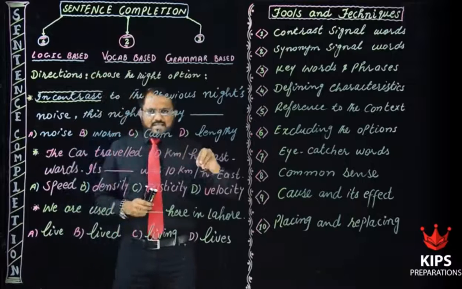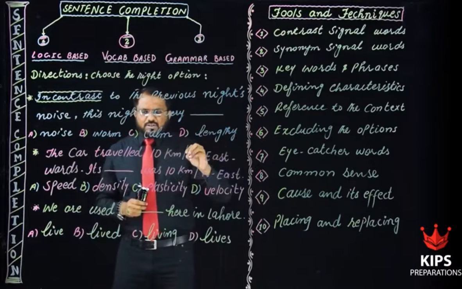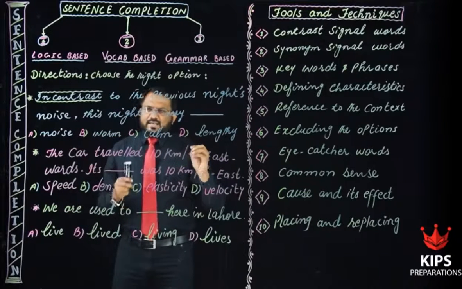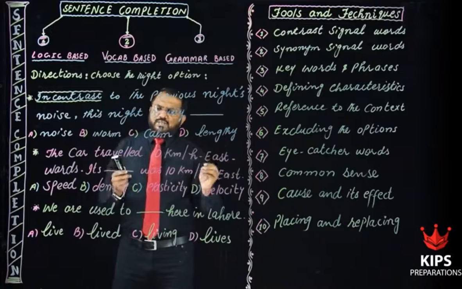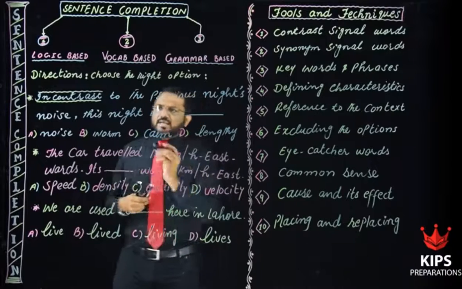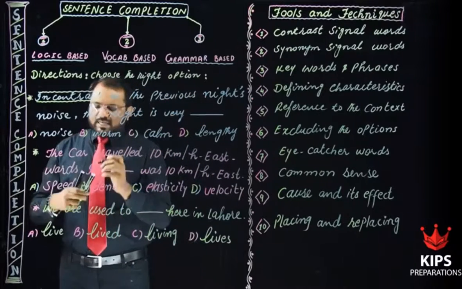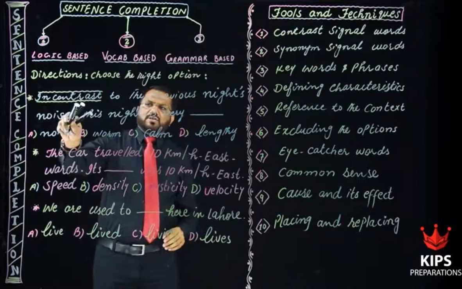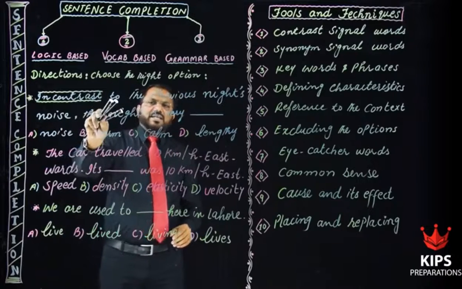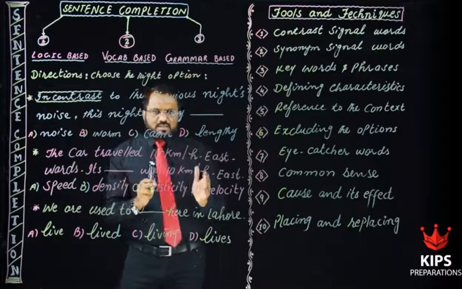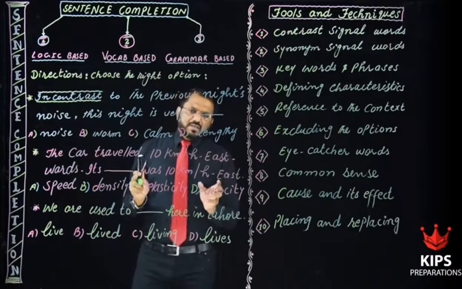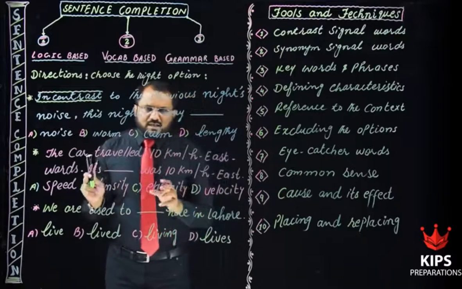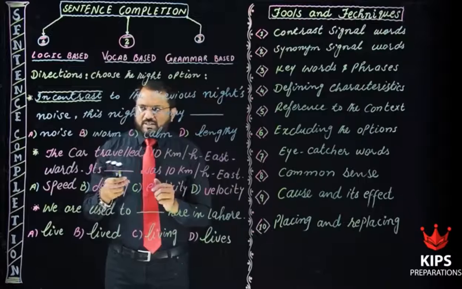A signal word hints towards getting an idea that two words are going to be used that are opposite in meaning to each other. So the presence of in contrast to logically tells us that later on in the sentence, two such words are going to be used that are opposite in meaning to each other.